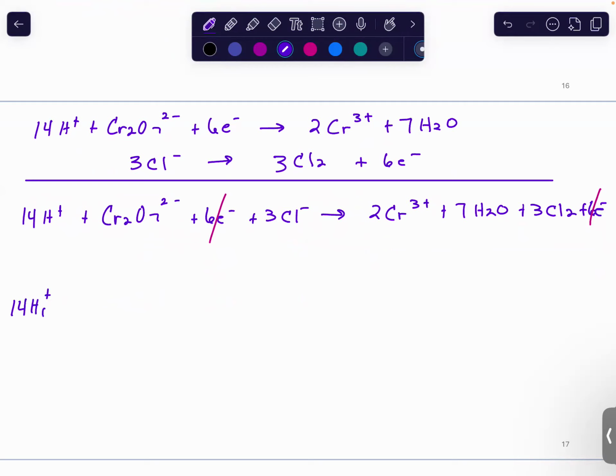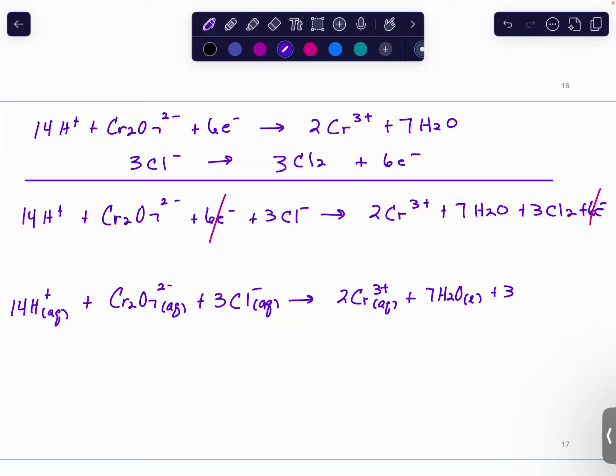Now, I haven't been tracking them, but I need to make sure that my phases get back in. And that's your balance.